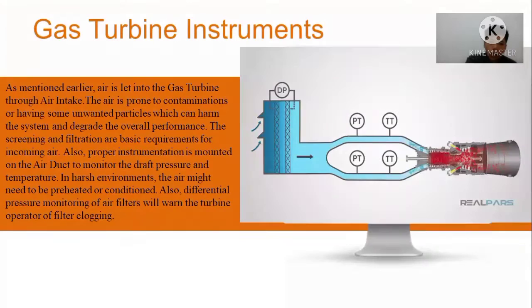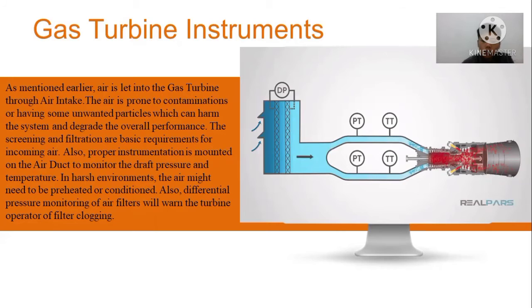Okay, next slide. Turbine instrument. As mentioned earlier, air is let into the gas turbine through air intake. The air is prone to contamination or having some unwanted particles which can harm the system and degrade the overall performance.